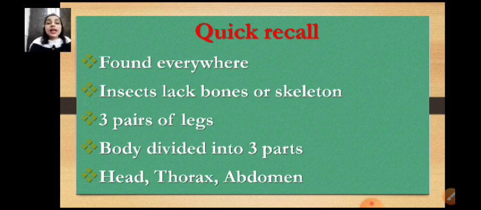Instead of bones, they have an exoskeleton, which provides them flexibility as well as necessary support. And they have 3 pairs of legs. Their body is divided into 3 parts: head, thorax and abdomen.